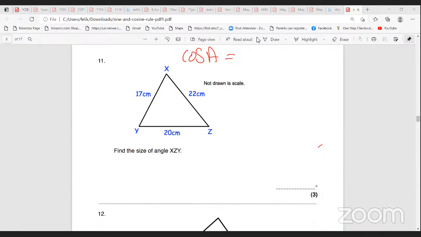Go ahead, Marlon. We can't have two equal signs in one equation.